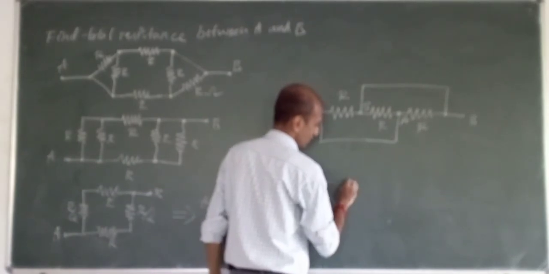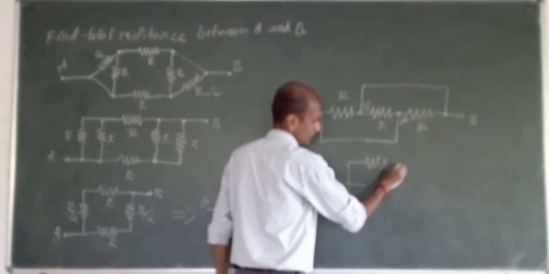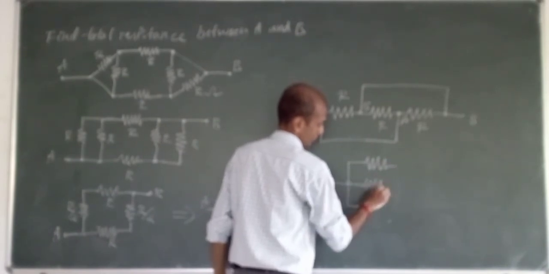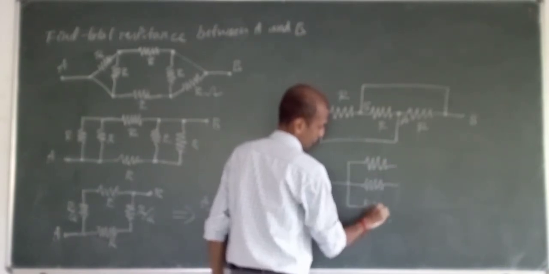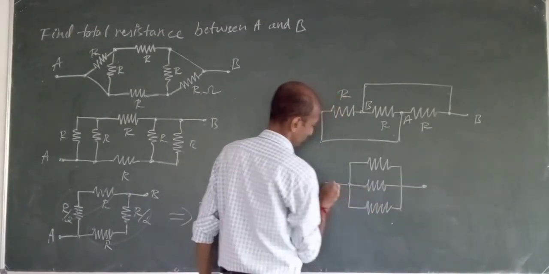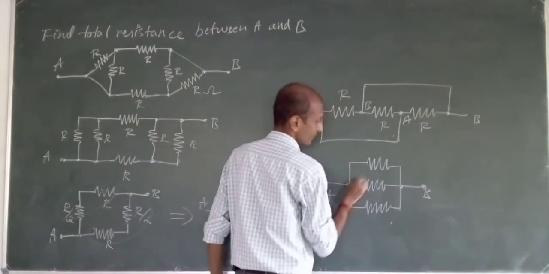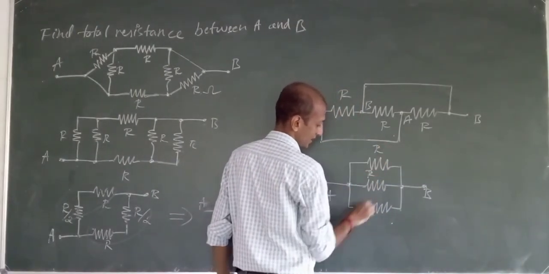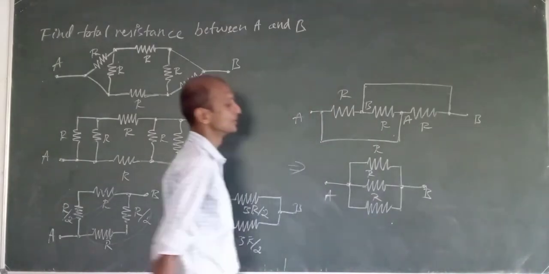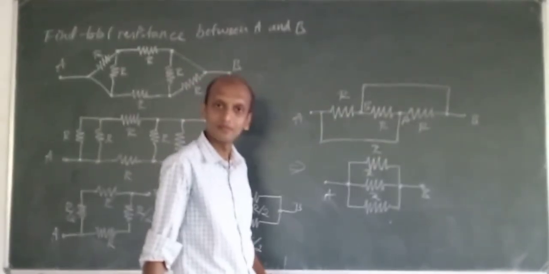Here I have this is point A, this is point B. I can have this resistance R and so on. Now all the resistances are parallel.